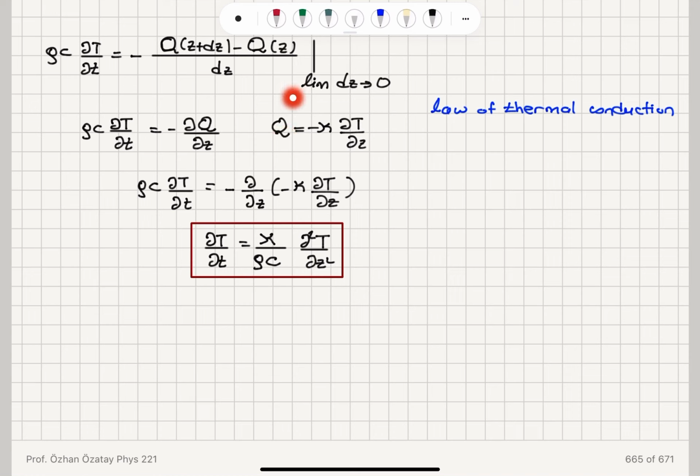So for heat flux, I substitute the law of thermal conduction minus kappa ∂T/∂z, and this gives me a second derivative for the temperature. So the final answer is the time derivative of temperature ∂T/∂t equals kappa thermal conductivity divided by density multiplied by specific heat per mass, ∂²T/∂z².